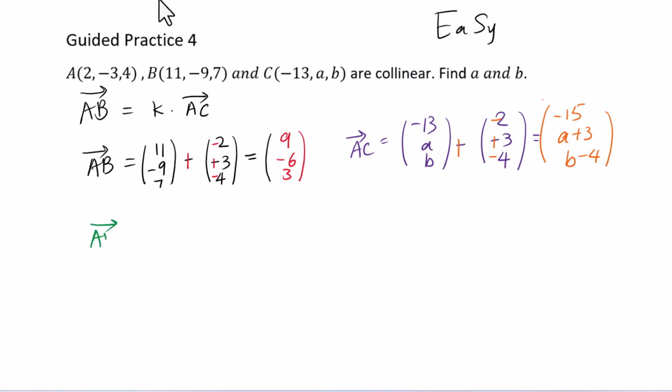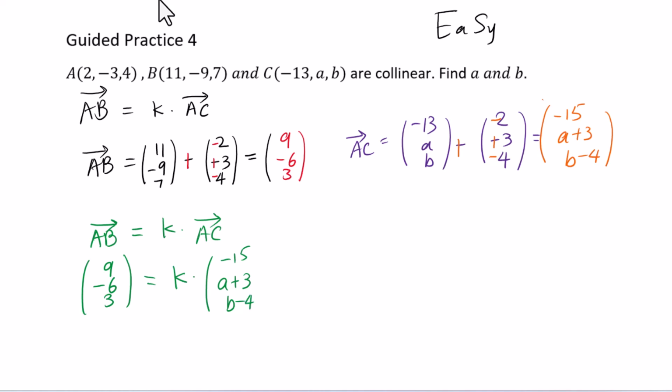So vector AB equals K times vector AC. We got 9, -6, 3 equals K times -15, A plus 3, B minus 4.